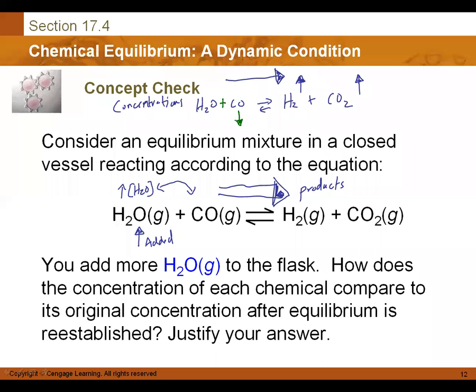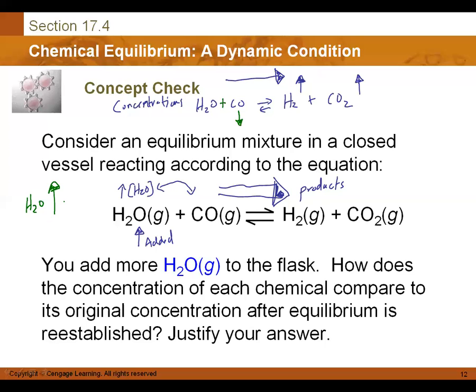Now, water is kind of an interesting one in this sort of question. If you were monitoring the actual numbers, because you added more H2O, you would initially see an increase in the amount of H2O because you artificially added it.